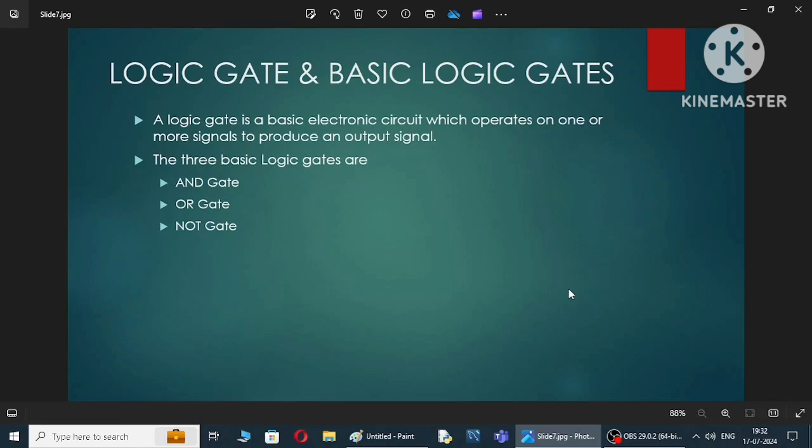Where are these used? These are used in a lot of electronic devices. There are a lot of electronic devices which we use every day in our day-to-day life. So we switch on certain options, we switch off certain options. Accordingly, the device works. Say you use an induction stove, you use an oven.